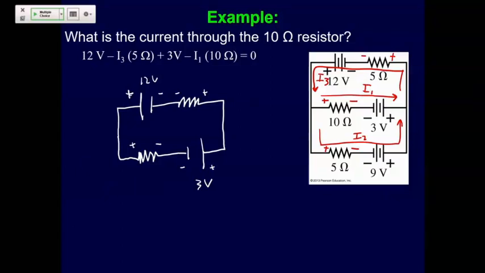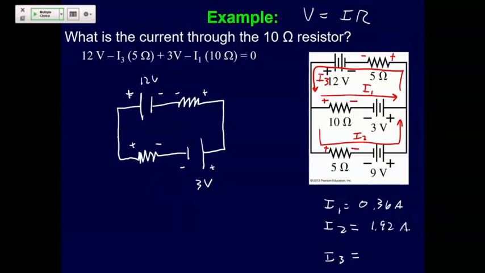We know that my big equation for the voltage across a resistor is IR. I'll write the currents over here, copied from the last page: I1 is 0.36 A, I2 is 1.92 A, and I3 is 2.28 A. Let's find the voltage across the 10 ohm resistor.